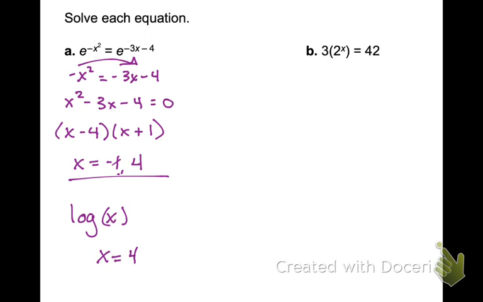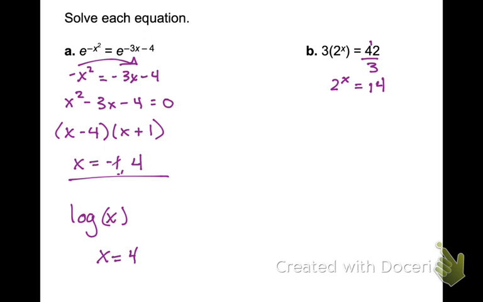Okay, so I have 3 times 2 to the x equals 42. Divide by my 3. So 2 to the x equals 14. Yes? Okay, now, I would do 1 to 1 right here if I could. Why can't I? 14 is not a power of 2, is it?